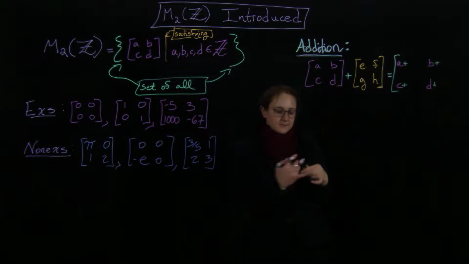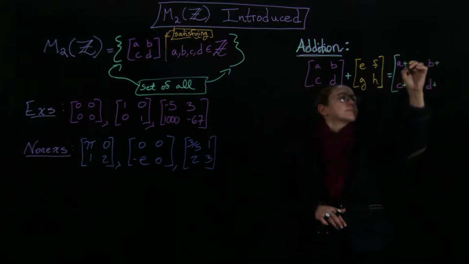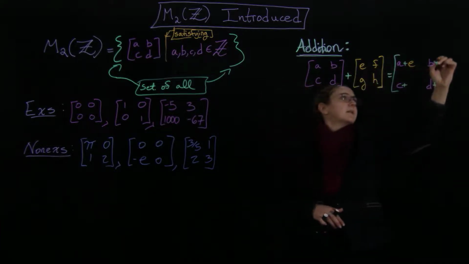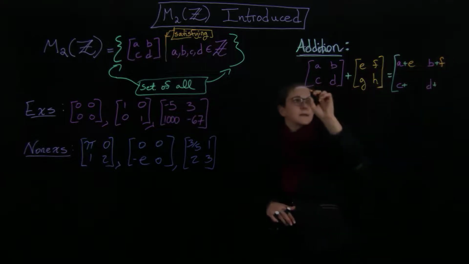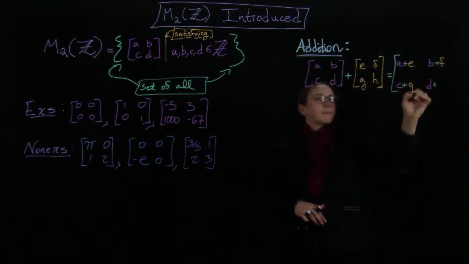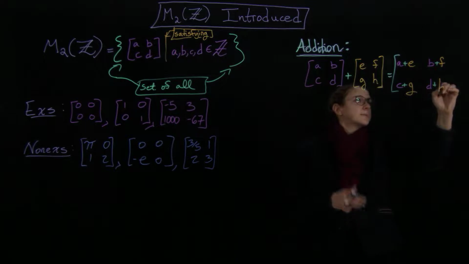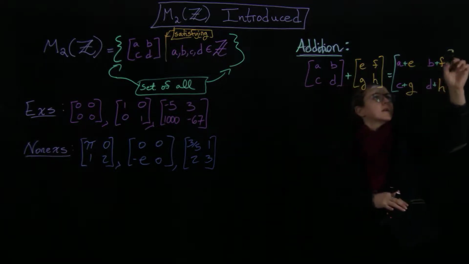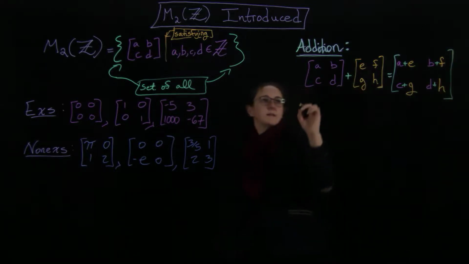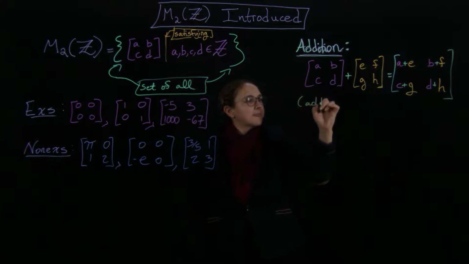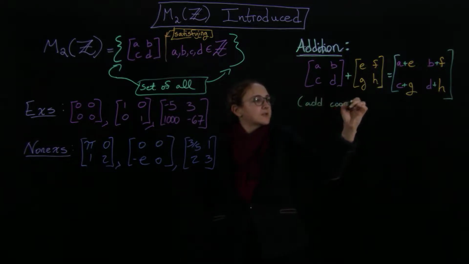So A, we add E; B, we add F; C, we add G; and D, we add H. So you just add coordinate-wise, or entry-wise.